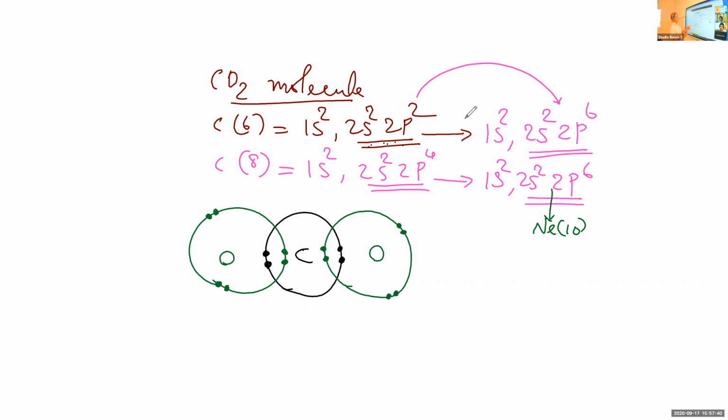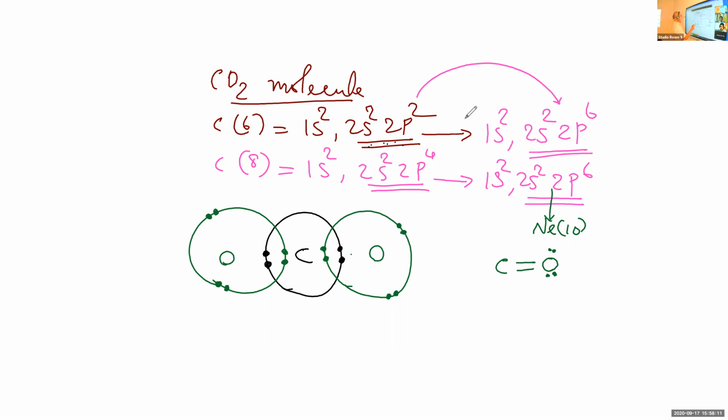Now we can show this using dashes. So carbon, and on the right side, 2 pairs of electrons are shared. So there is a double bond between carbon and oxygen. And there will be 2 pairs of electrons on the oxygen atom, and these are non-bonding electrons.